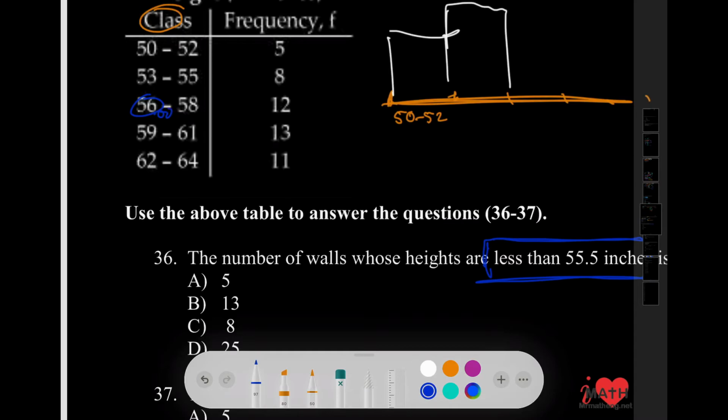So 55.5 would include all of these in blue. So 5 plus 8 gives us 13. There are 13 that are less than 56 inches. So walls that are less than 56 would be 13. So question number 36, the answer is B, 13.